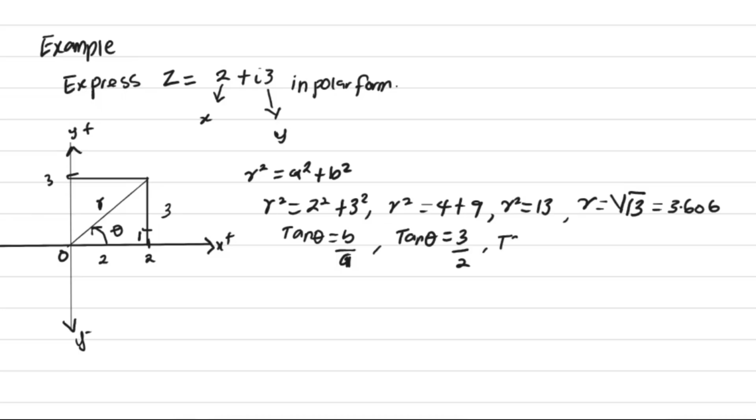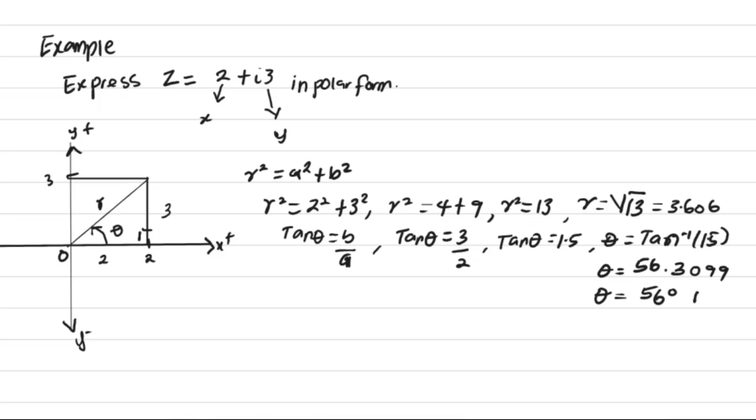So tan theta is going to give us 1.5. That is, our theta will give us arctan 1.5. So arctan 1.5 is going to give us, using your calculator, 56.3099. And if you leave it in degree minutes, that will be 56 degrees 18 minutes. So our theta is 56 degrees 18 minutes.